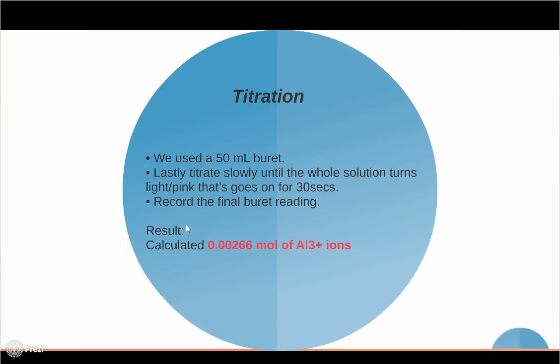Then we titrated sodium hydroxide until the solution turned pink because of the dye, the pigment that was used. At that point, it had reached a calculated amount of 0.00266 moles of aluminum 3 plus ions.